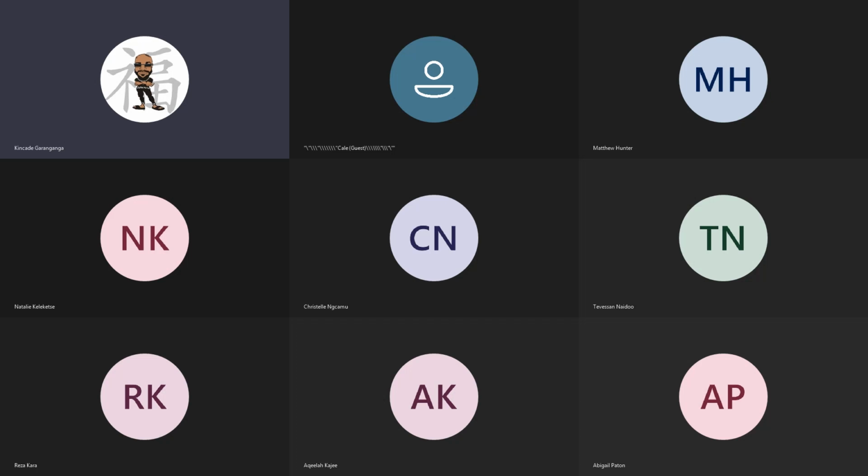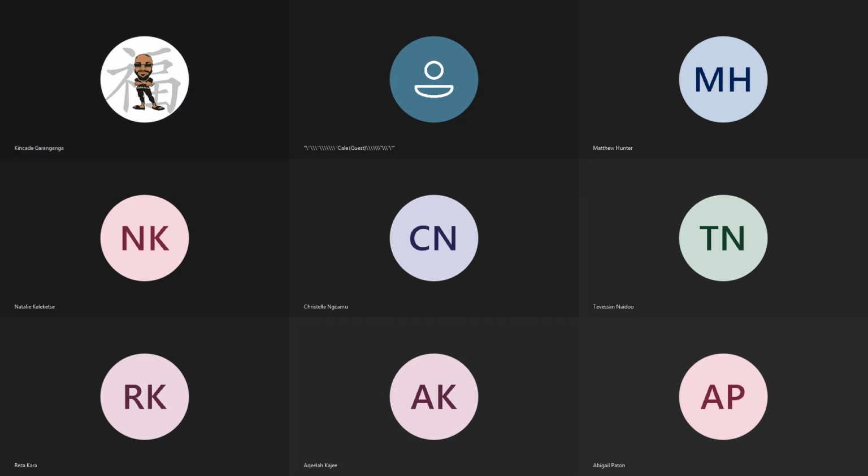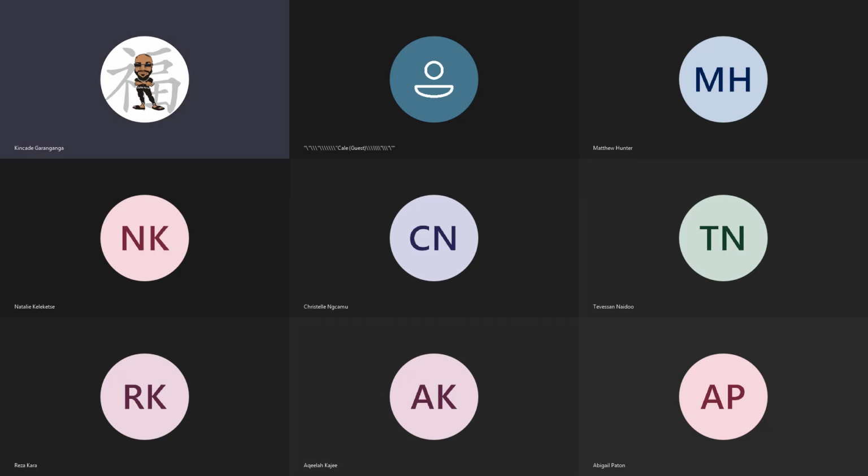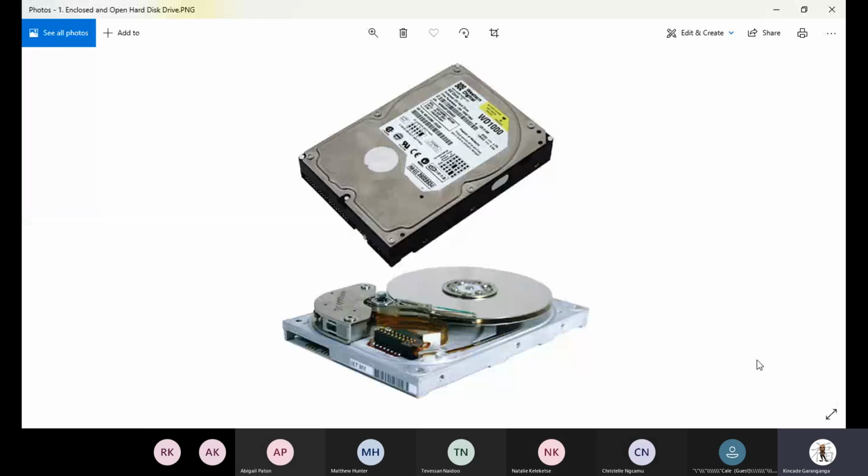So here, if you look at what we've got on screen, that's a typical example of an enclosed hard disk drive. The one on top is the enclosed, generic hard disk drive, and what you see on the bottom is one that is opened. You would rarely need to do this, and it's not recommended at all, because it could damage the drive if done in inappropriate environments.